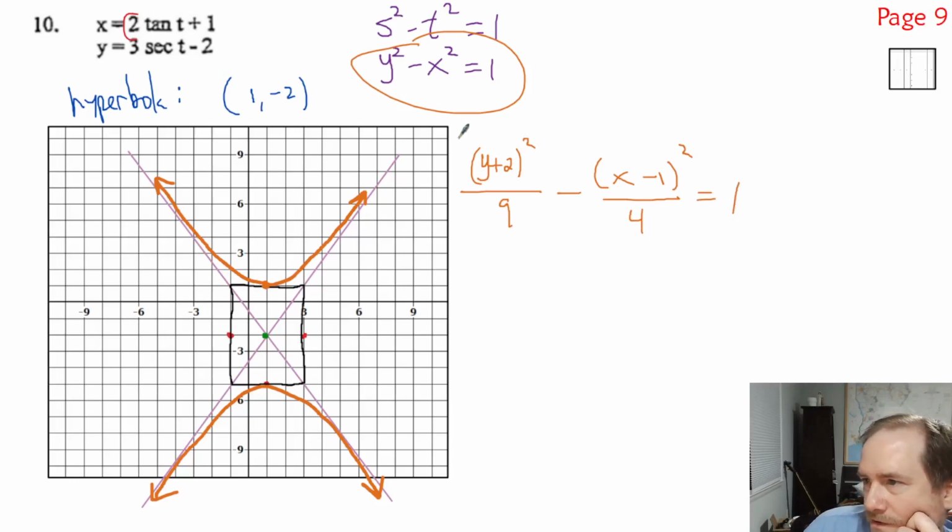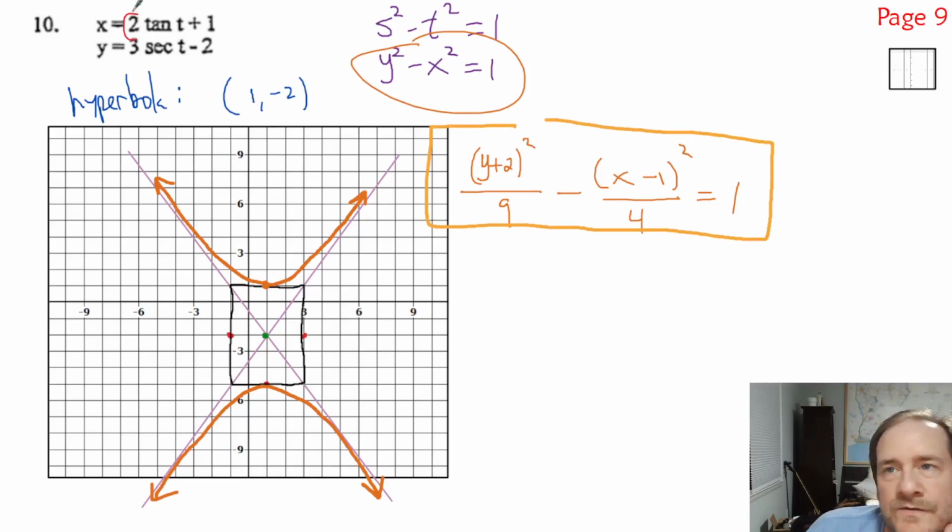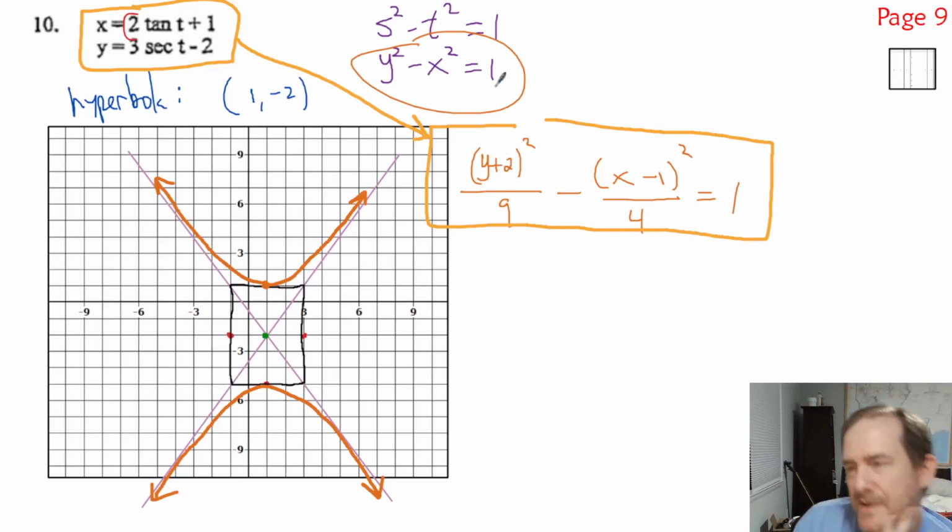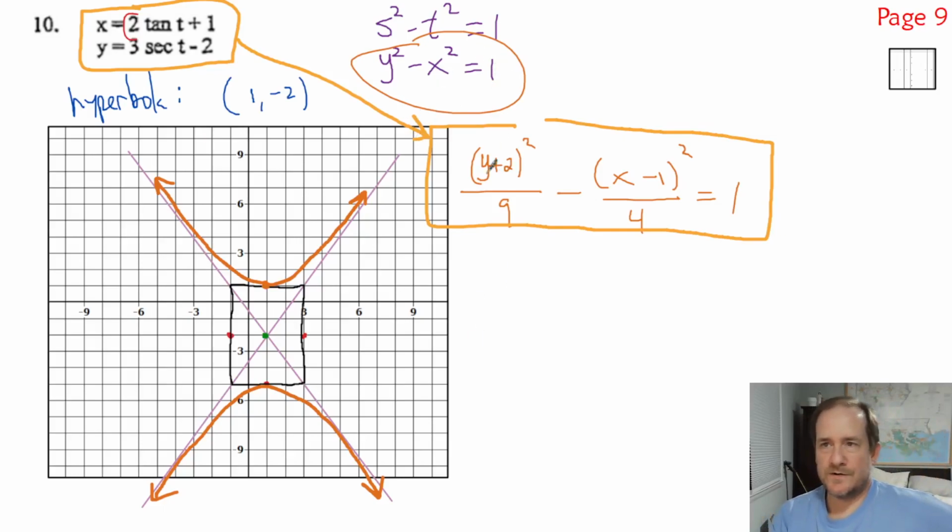So again, you should be able to go directly from your parametric equations to your rectangular equations without ever doing a lick of algebra. You should just be able to turn the parametrics into a graph, turn the graph into a rectangular.